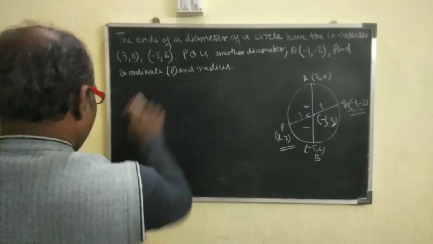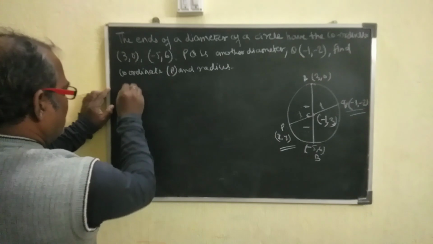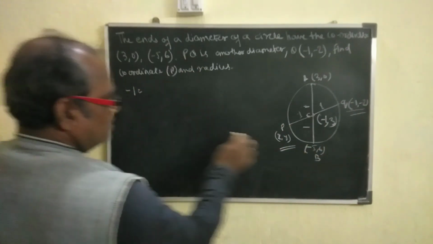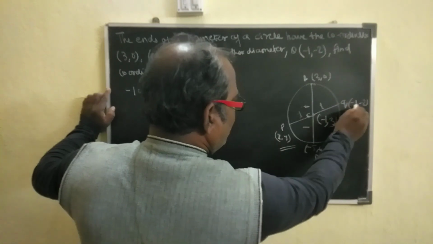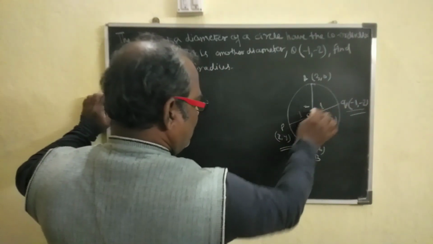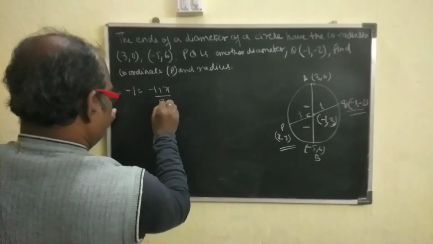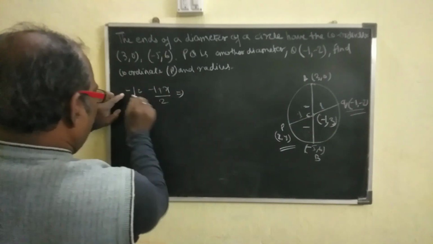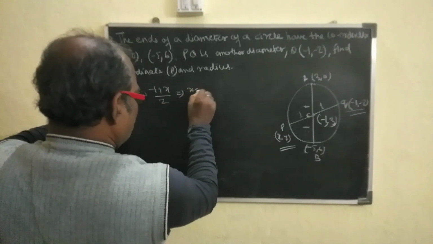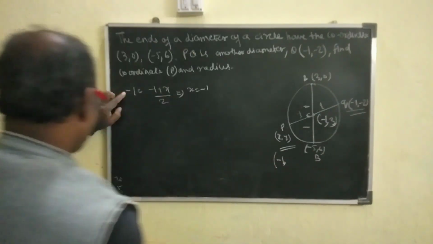Now to find out the point P, here X, we know that minus 1 is equals to 1 into minus 1 is minus 1 plus 1 into X is X, by 1 plus 1 is 2. From here we get minus 2 plus 1, that is minus 1. X equals to minus 1. So here it is minus 1.